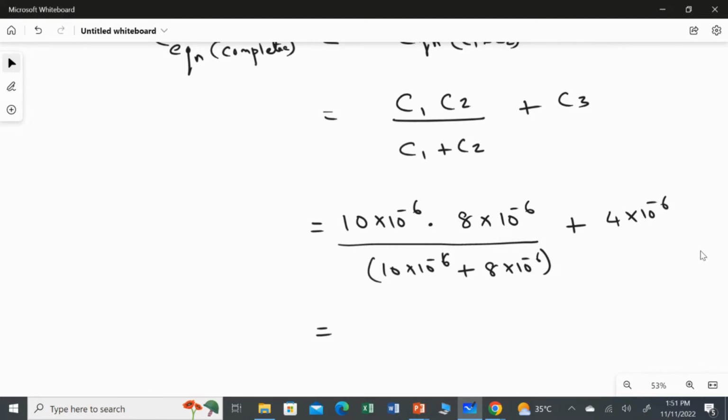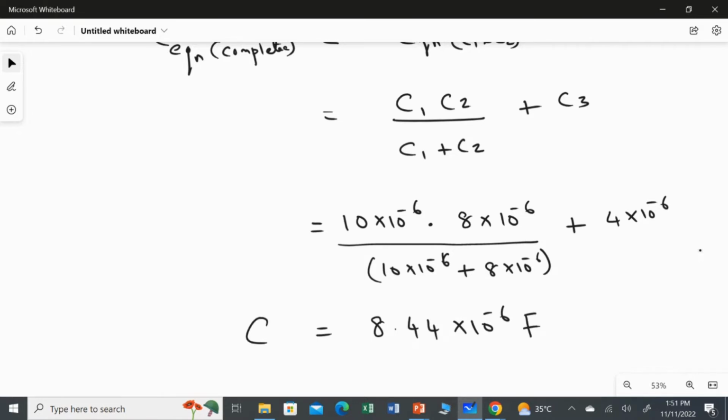I got the value as 8.44 multiplied by 10 power minus 6, and the unit for the capacitance.